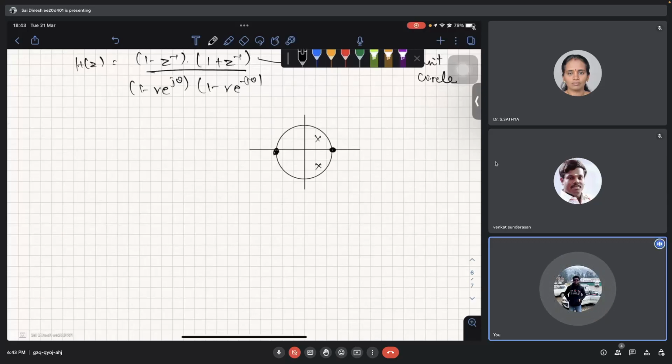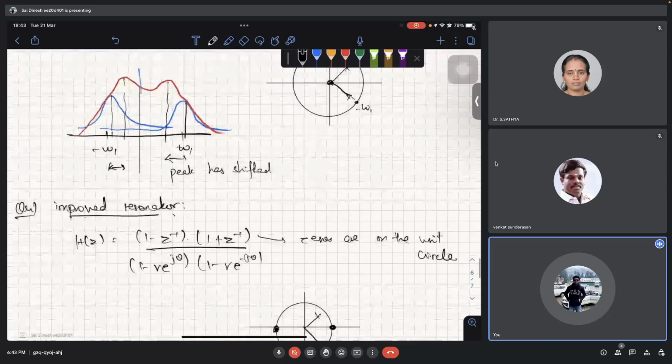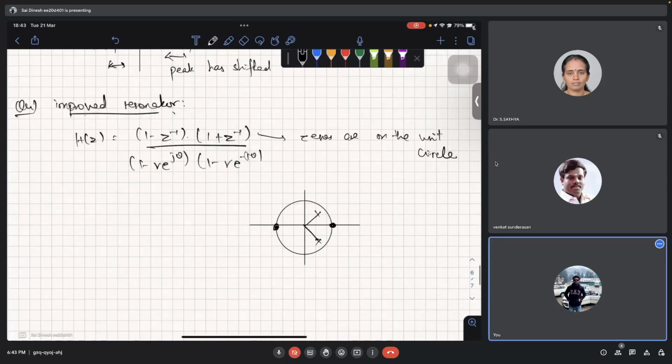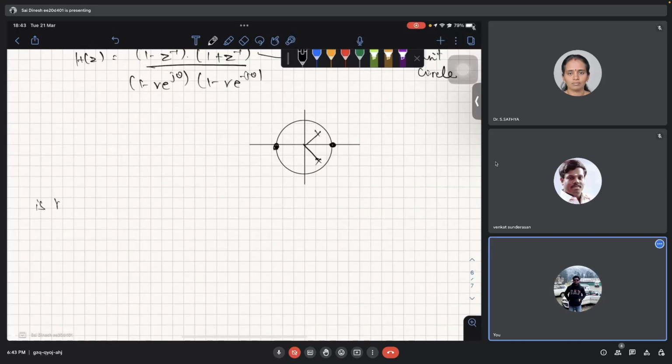If we see here, we have a similar type of structure that we talked about in the second order filters, right? So is there peak shifting in the improved resonator?